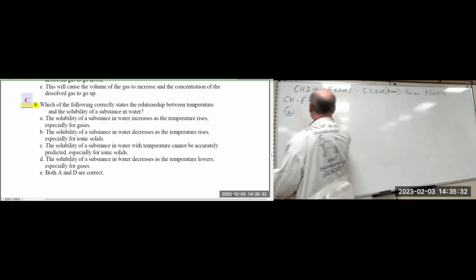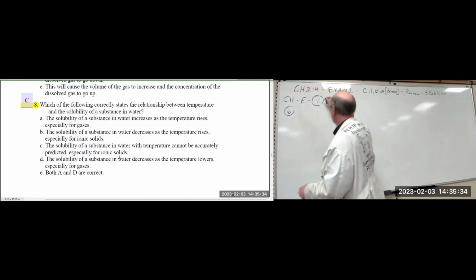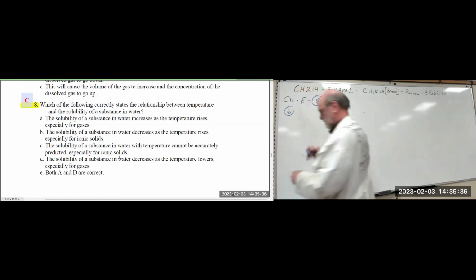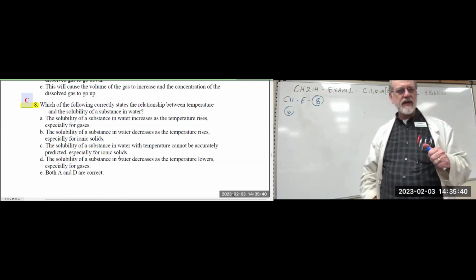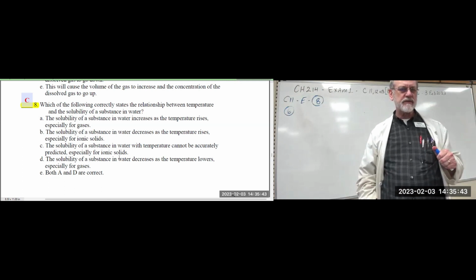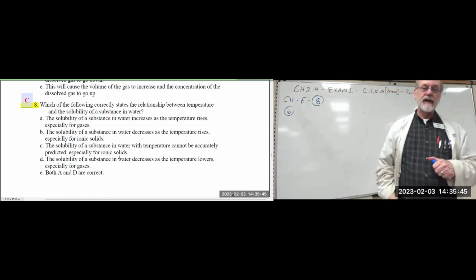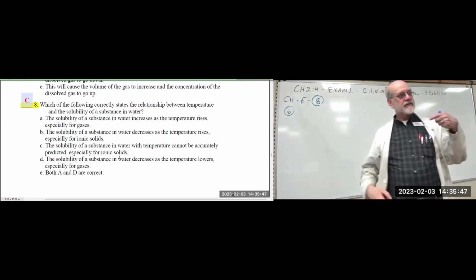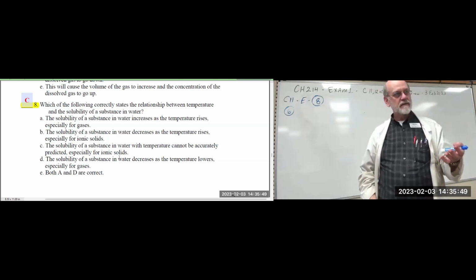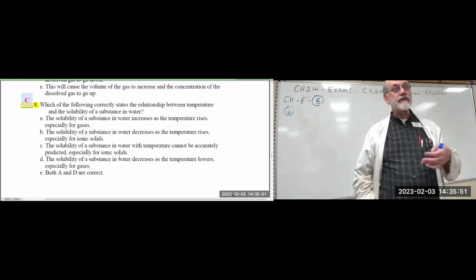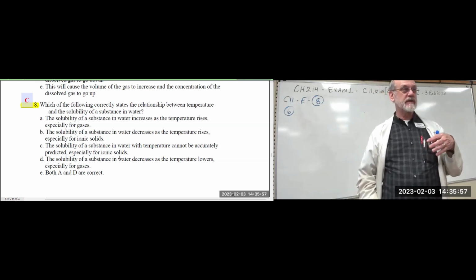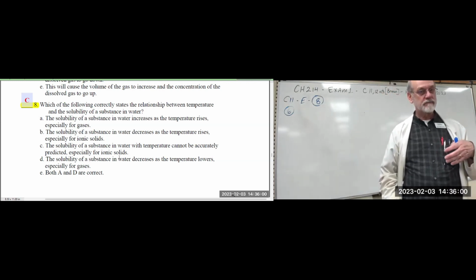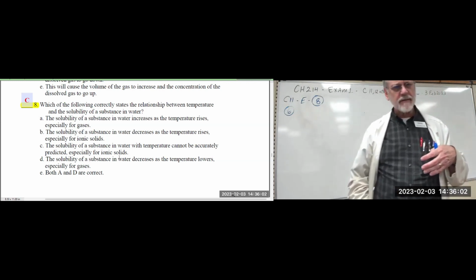How about 8? Which of the following correctly states the relationship between temperature and the solubility of a substance in water? All right. If it's a solid, it generally increases the solubility. If it's a gas, it generally decreases the solubility in water. So which one fits that?